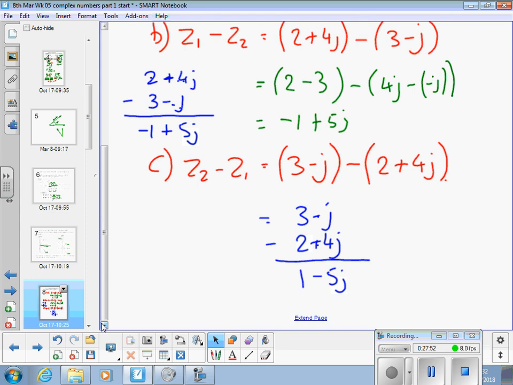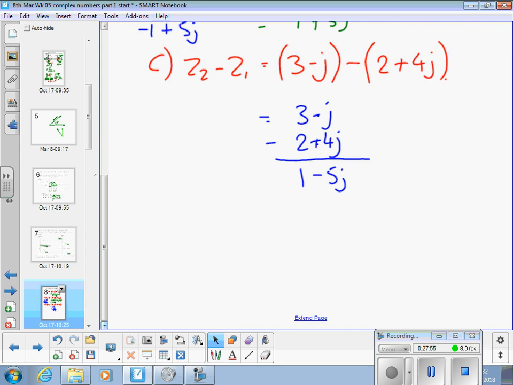Well, the operation is subtraction, not addition. Right, and it serves as a warning that you need to be careful with your signs in all of this.